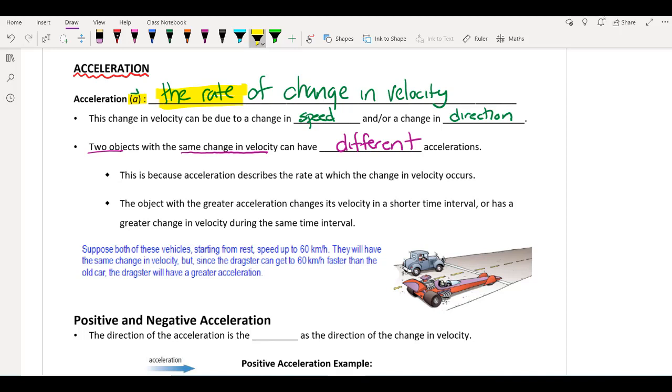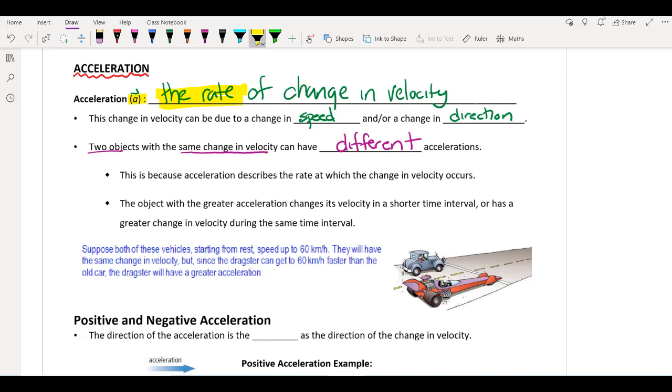The word rate in science is the amount of time it takes for a change to occur. So acceleration is the amount of time for the change in velocity to occur. So even if two objects have the same change in velocity, acceleration can be different because it can take a different amount of time for that change to occur.